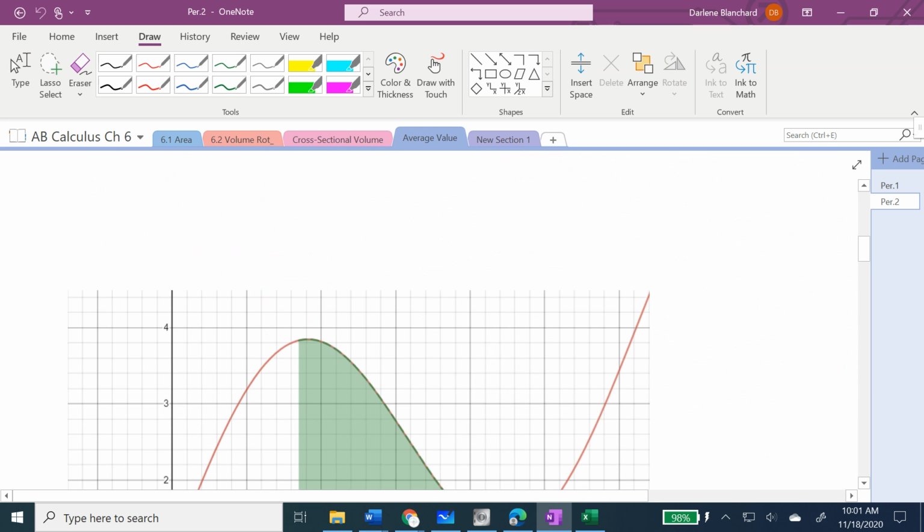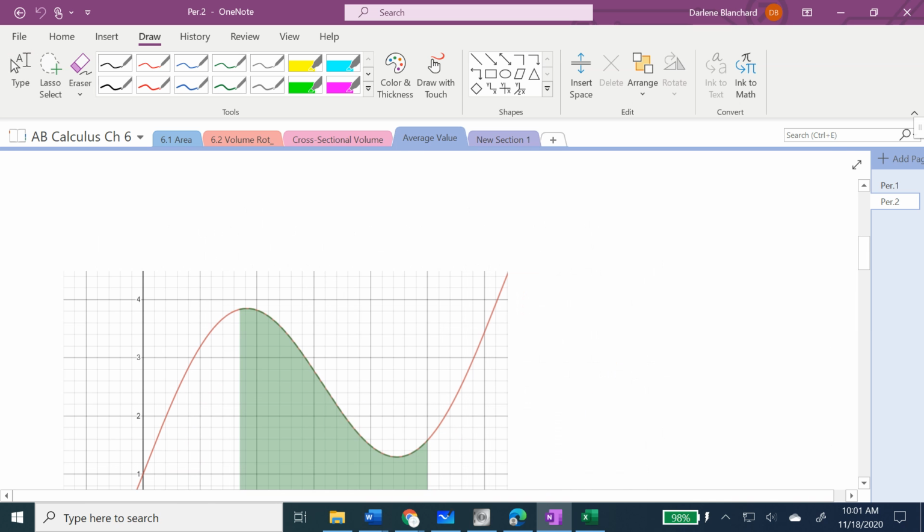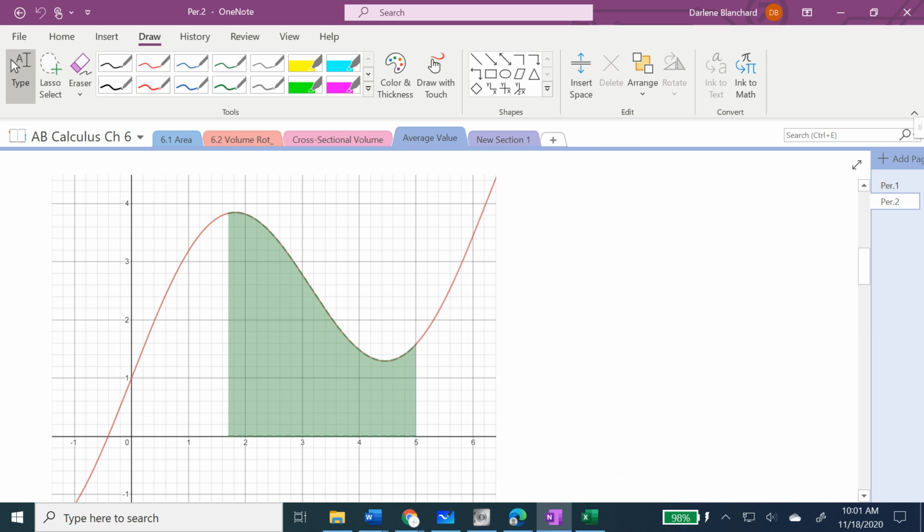Now, I want you to look at this graph right here. Let's call this x equals a, and let's call this x equals b. And I want you to look at these numbers and approximate what you think the average value of this function is, from here to here.